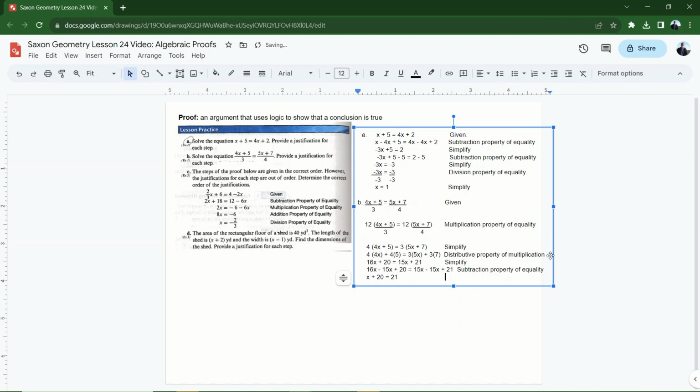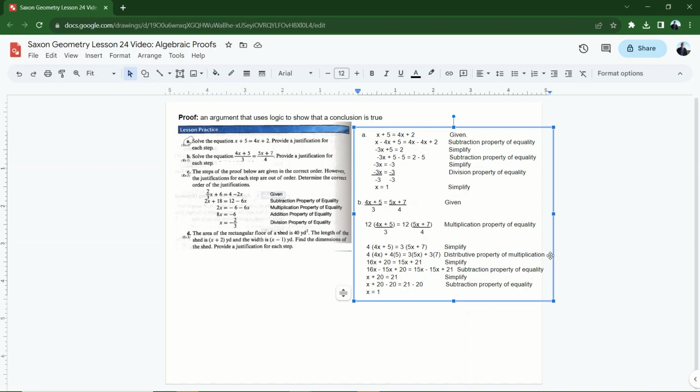So this is just another simplify step. And then lastly, I'm going to do x plus 20 minus 20 equals 21 minus 20. I subtracted 20 from both sides. That's the subtraction property of equality. That's going to give me x equals 1. There we go. x equals 1 in this case as well.